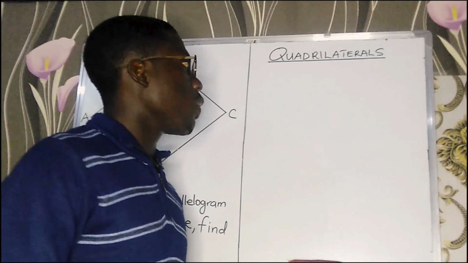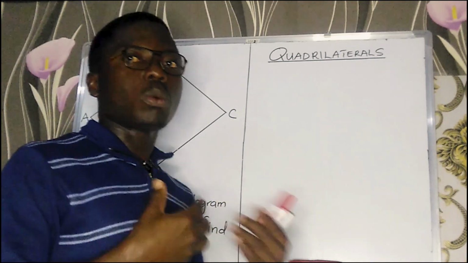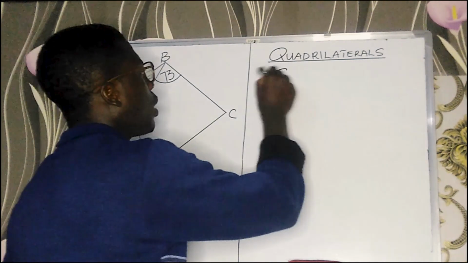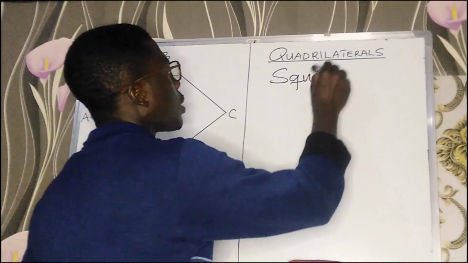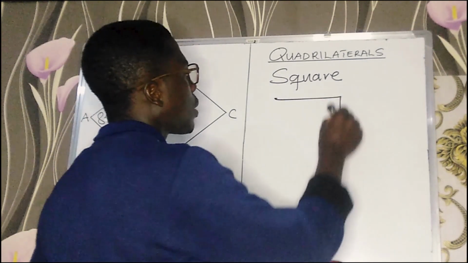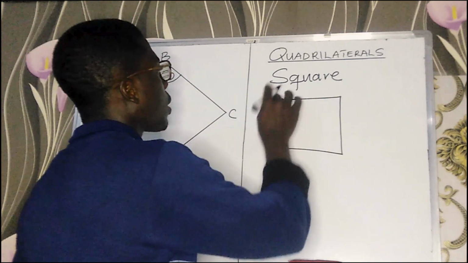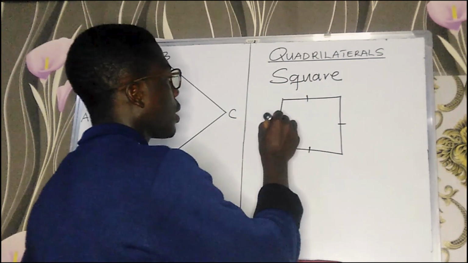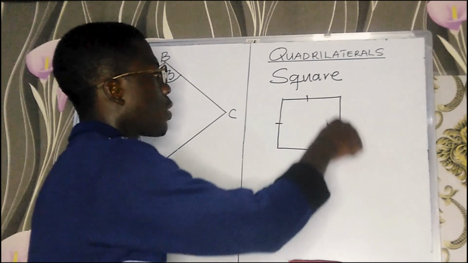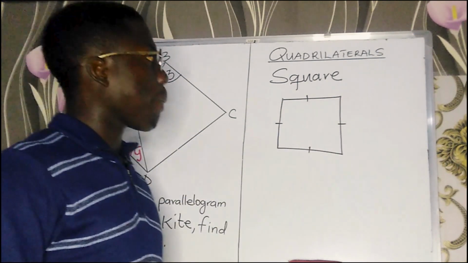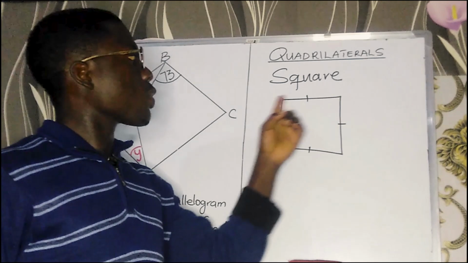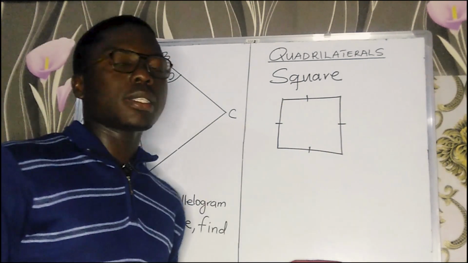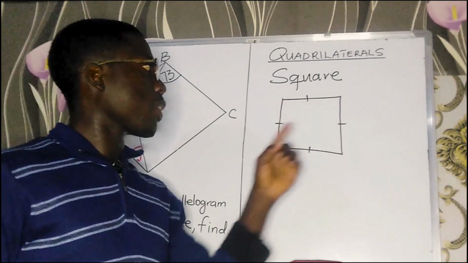Good. So now let us start with the types of quadrilaterals. I want to begin with the square as the first type of quadrilateral. This is not drawn to scale, but the marks on it determine that all sides are equal. So a square has all of its sides equal in length. That is the first property of a square.